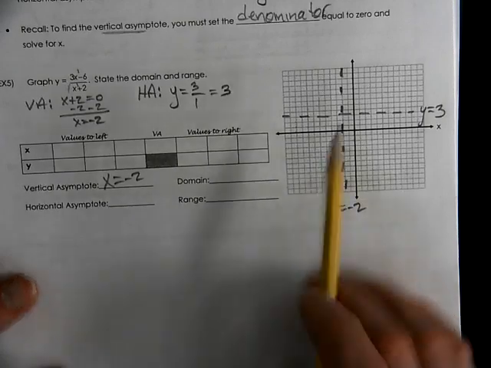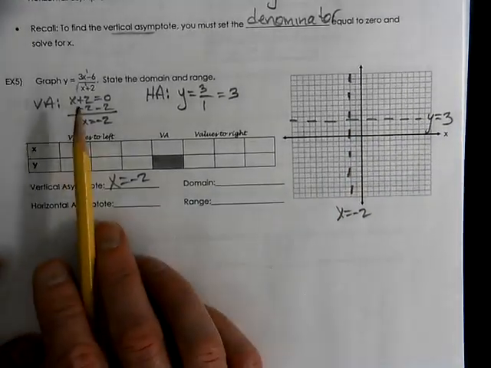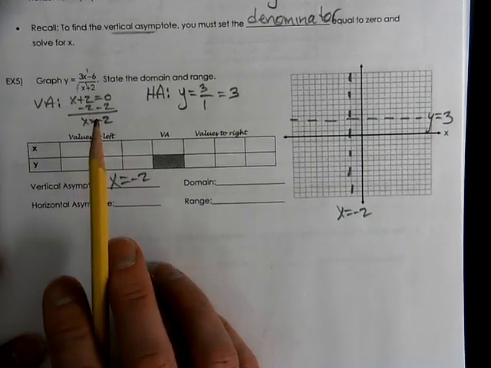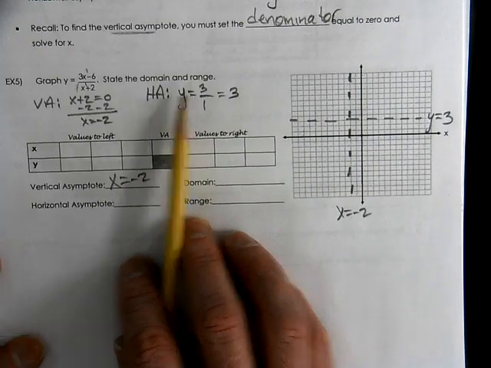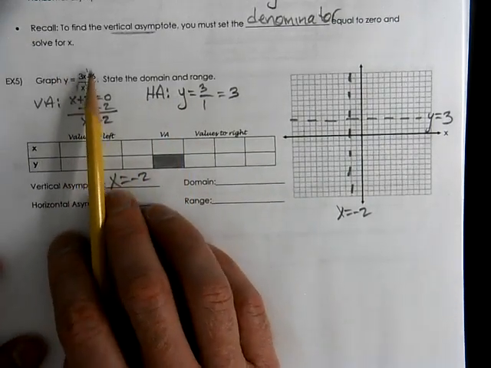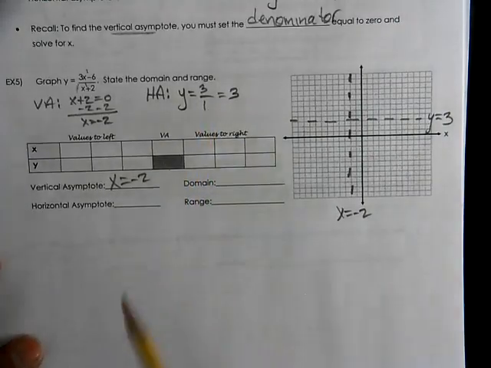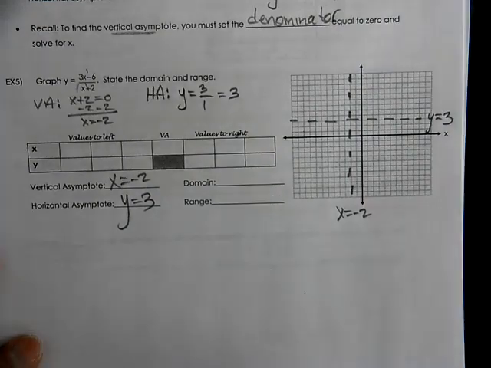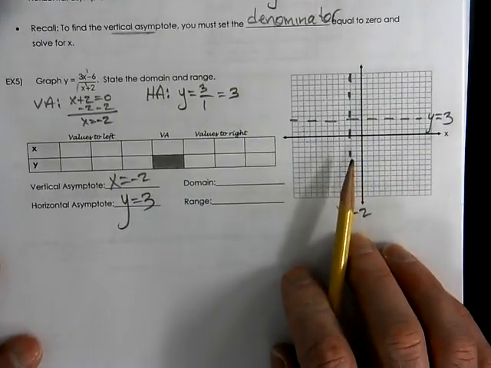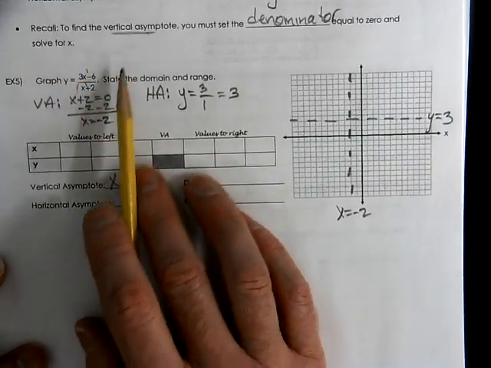So now we have figured out where our asymptotes are. Set the denominator equal to 0 for the vertical, and look at the leading coefficient, or really look at the degree. And in this case, we use the leading coefficients to determine y equals 3. So we have our asymptotes. Now, we're going to need to use the real equation.